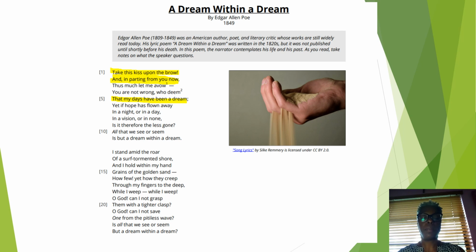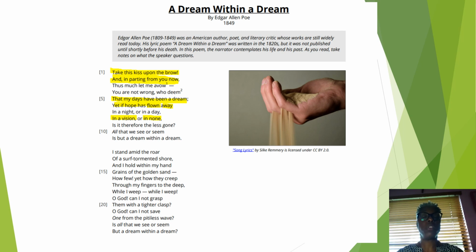So here he says, yet if hope has flown, there's that key word, the verb flown, which I think of a bird flying away, in a night or in a day, in a vision. Here he compares hope to a vision. And then he says, or none.